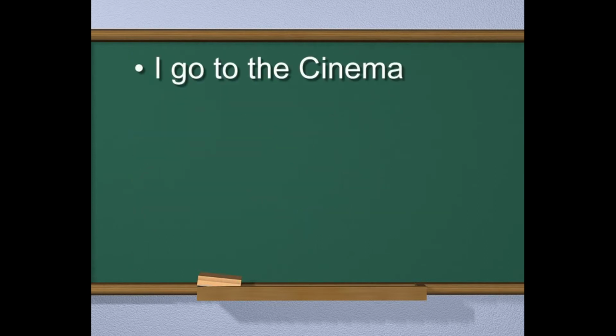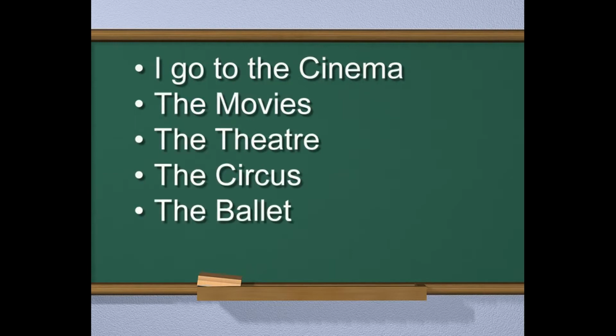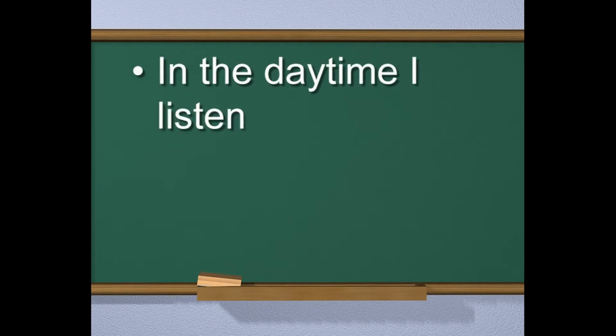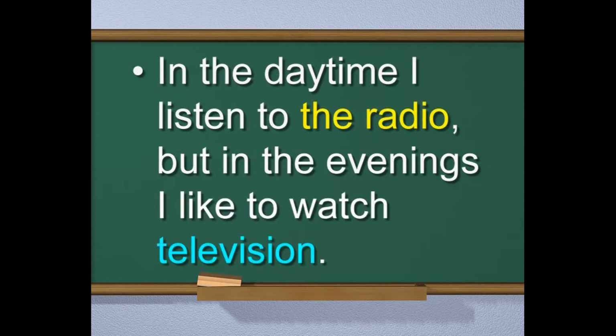I go to the cinema, the movies, the theatre, the circus, the ballet, and the opera. In the daytime, I listen to the radio, but in the evenings, I like to watch television.